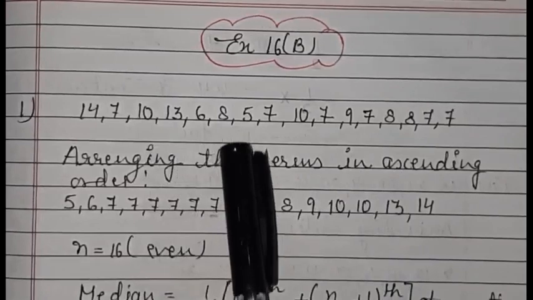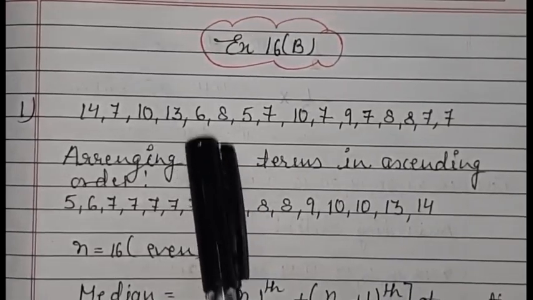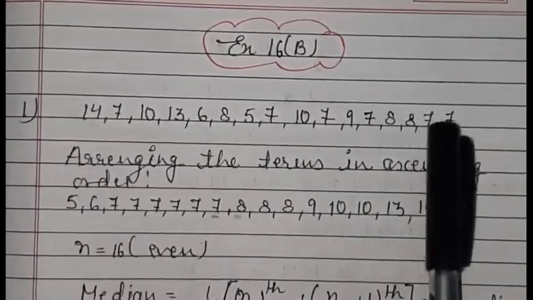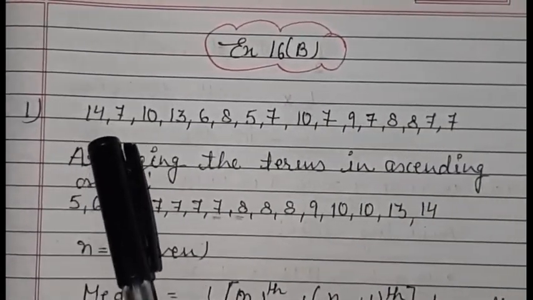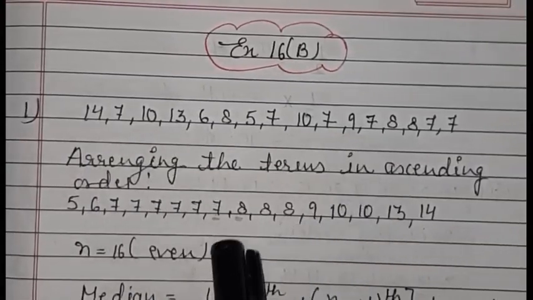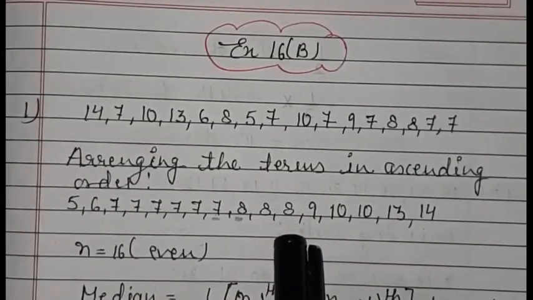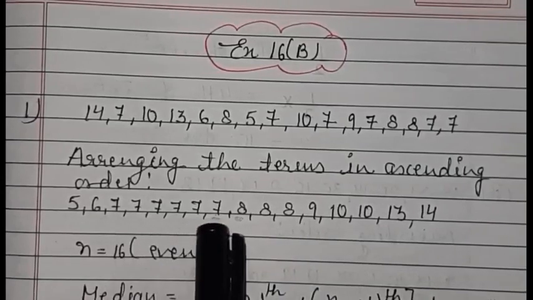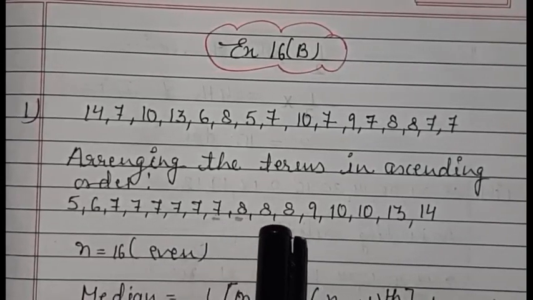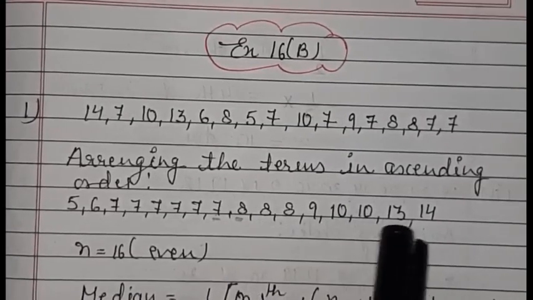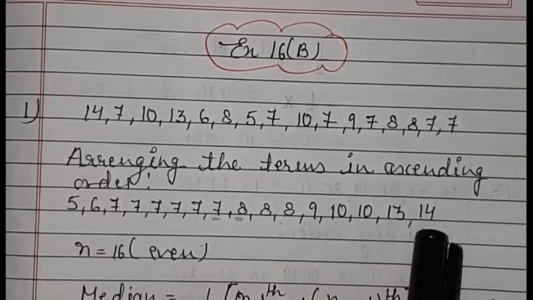To calculate the median, first we have to arrange all these observations in an array in ascending order, right? When we convert into ascending order, it will come 5, 6, 6, 7 six times, 8, 8, 8, 9, 10, 10, 13, 14, right?